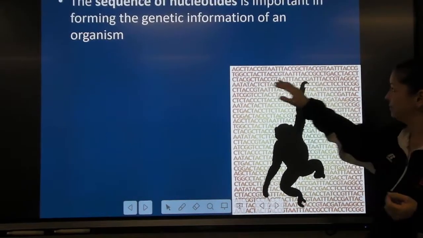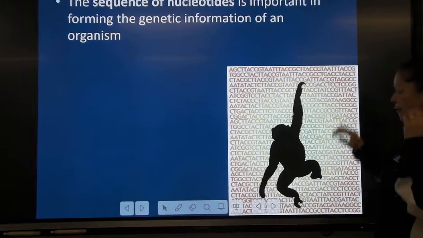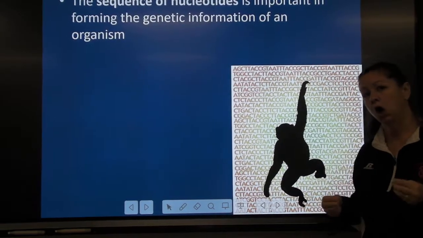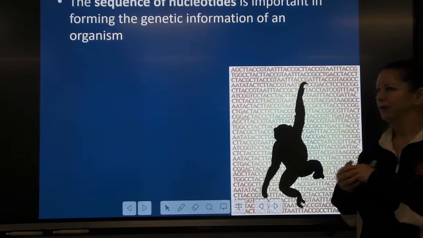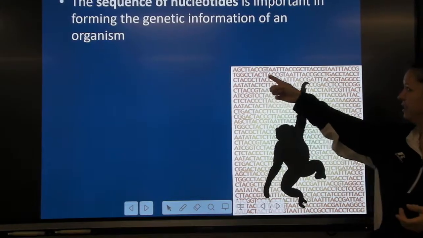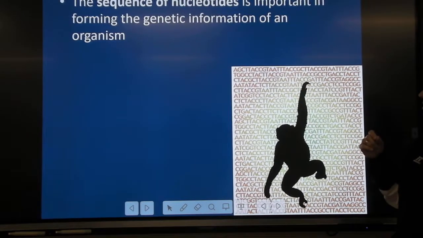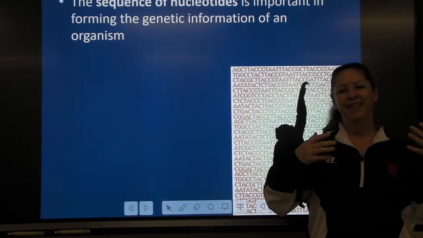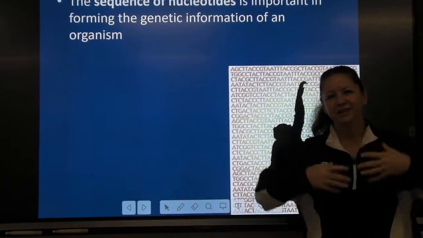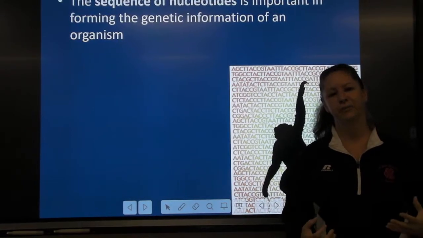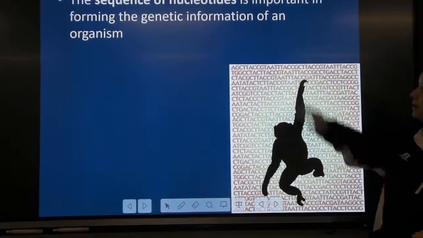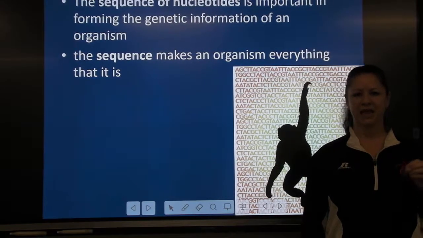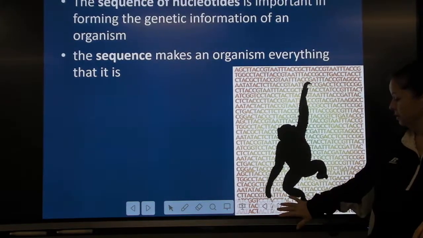These letters behind him, this sequence, over and over, literally millions of them, say that his DNA belongs to a chimpanzee. Just this first line, A, G, C, T, T, A, C, C, G, T, A, A, T, T, T, A, C, C, G, C, T, T, and it keeps going on and on. That sequence is giving his cells the information to make him a chimp. So that sequence makes an organism everything that it is. That's the importance of DNA.